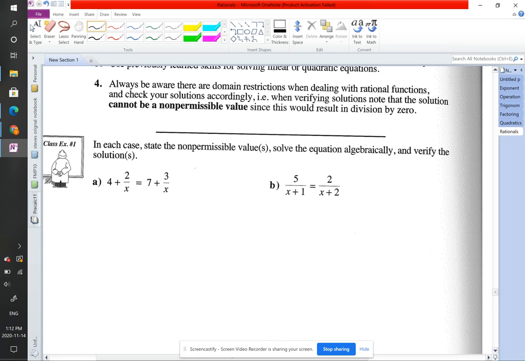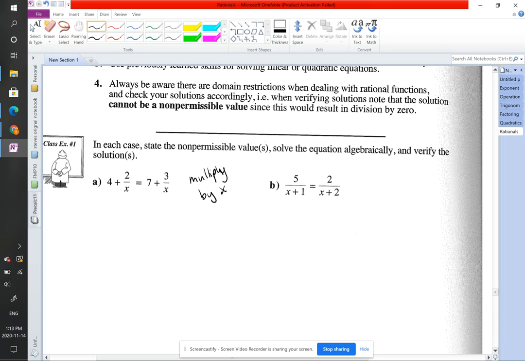So I'm going to multiply everything by x. Maybe I'll just write it like this: multiply by x.